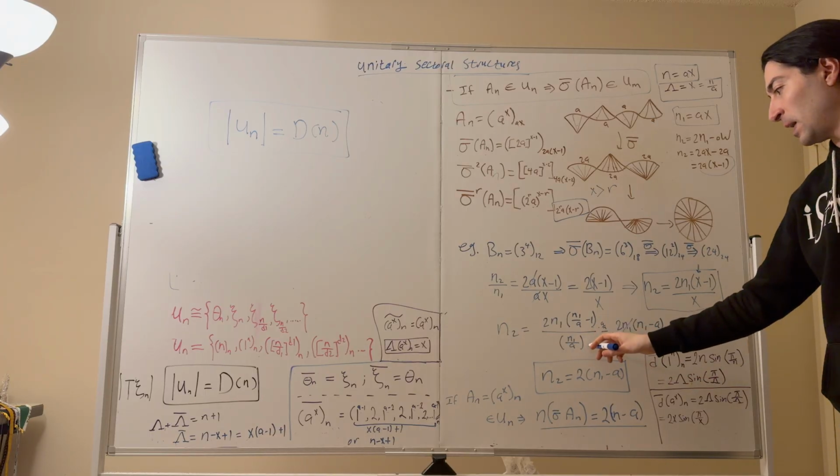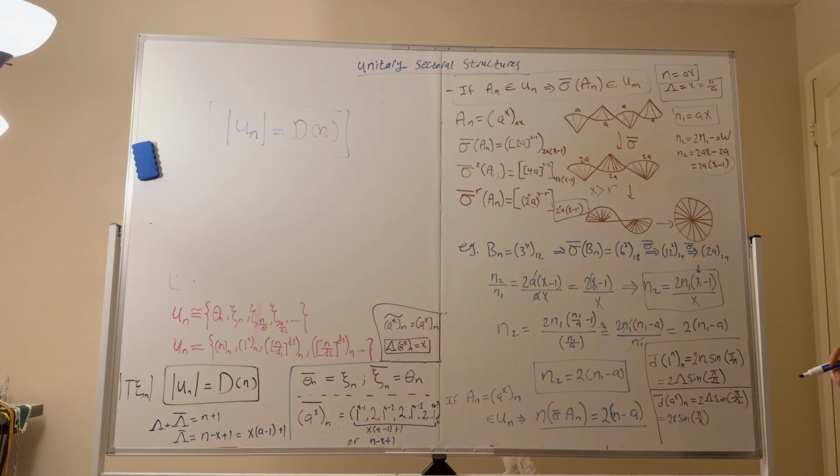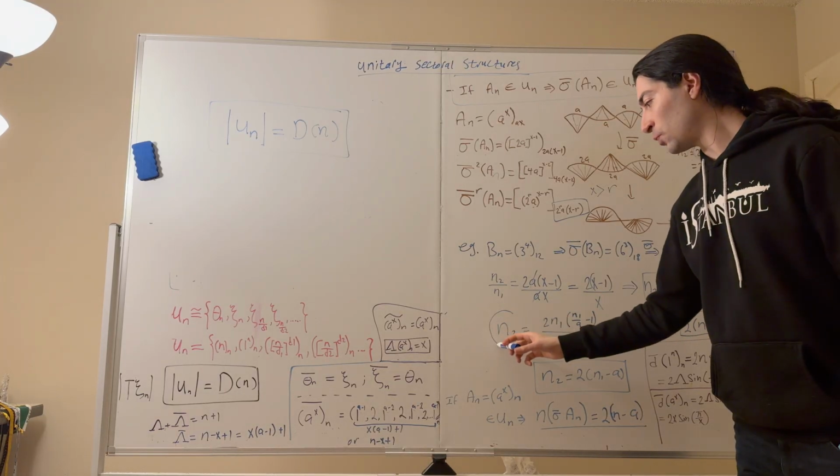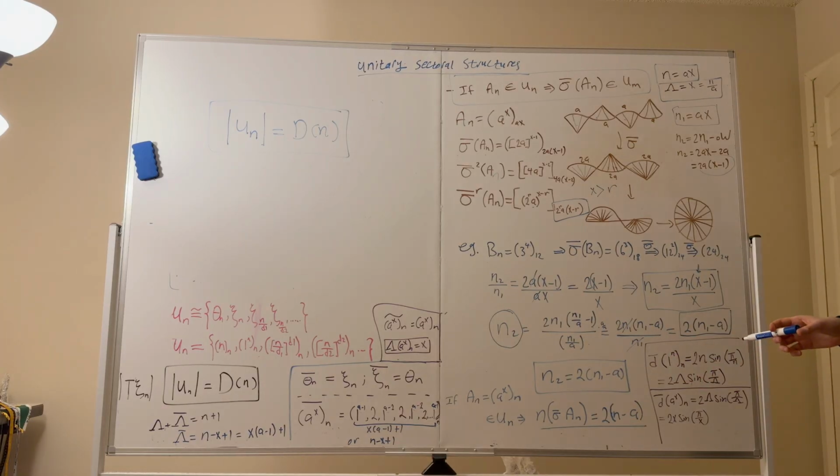We can multiply both the numerator and denominator by a, and we get 2 times n1 minus a. So a very simplified expression. So n2, the degree after summation, can be simplified to 2 times n1 minus a.